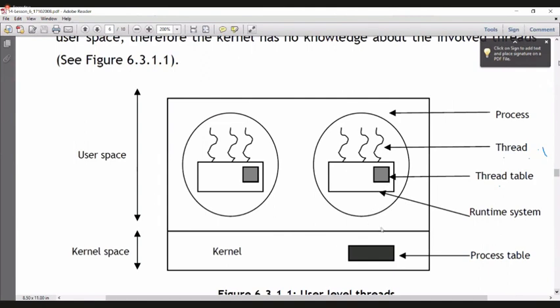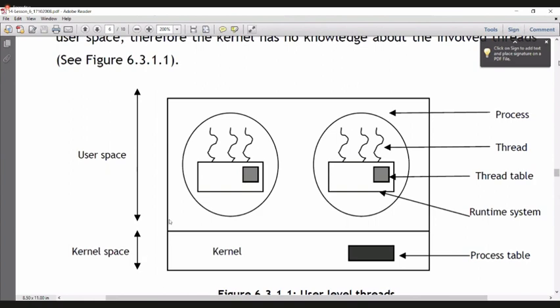Now, this is one process. These are the threads in a process. The circle is a process, right? Now the whole space can be divided into the user space and the system space, the kernel space.